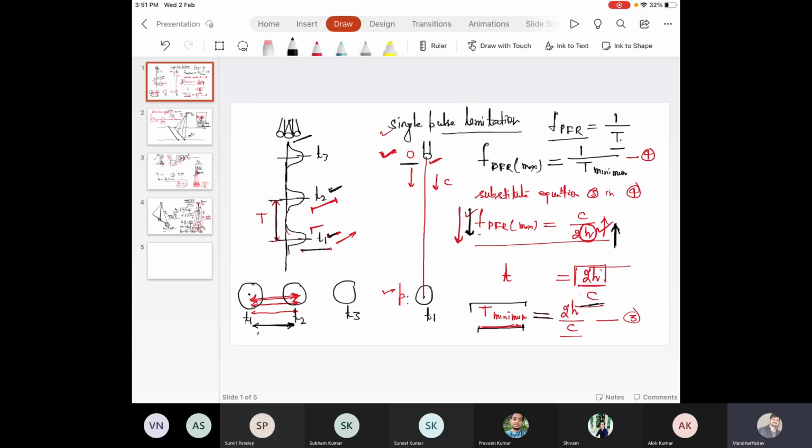If you decrease the pulse firing rate, then the gap between two laser pulses will increase. Using this relationship, if you are decreasing this, then T increases. T increases means the gap between two successive pulses will increase, and this will further lead to an increase in the gap between two adjacent laser footprints.